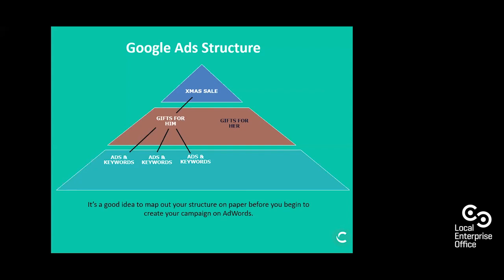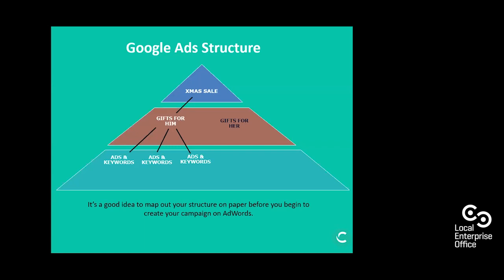Their ad groups then could be gifts for him, gifts for her, gifts for the kids, gifts for granny, whatever the case may be. Underneath those ad groups would sit the ads and the keywords for those particular ad groups. Typically, for an ad group, you will have between 3 and 5 separate ads. And so that's the structure.